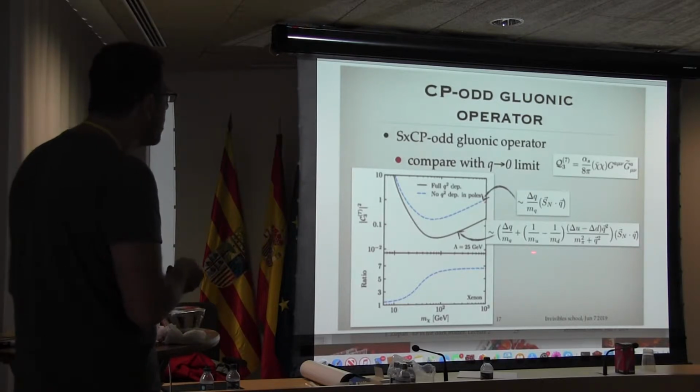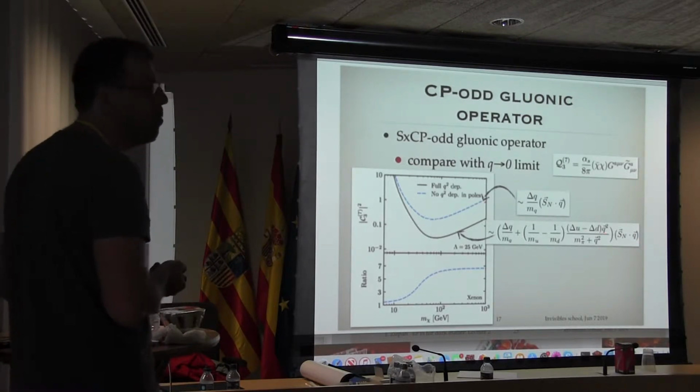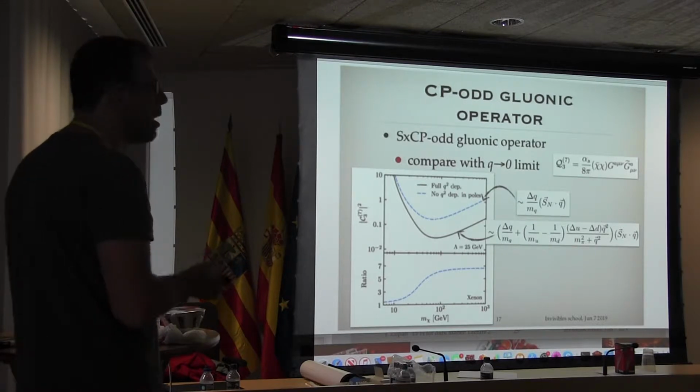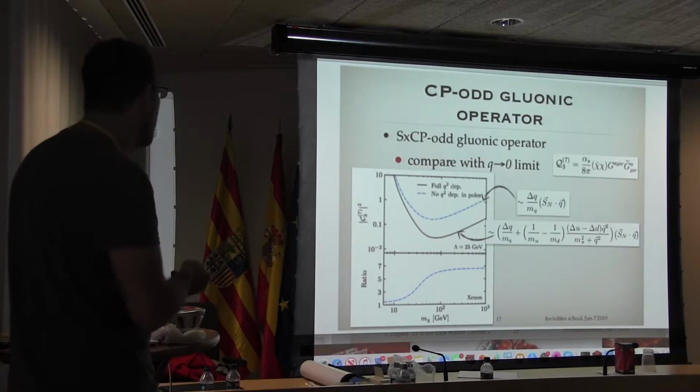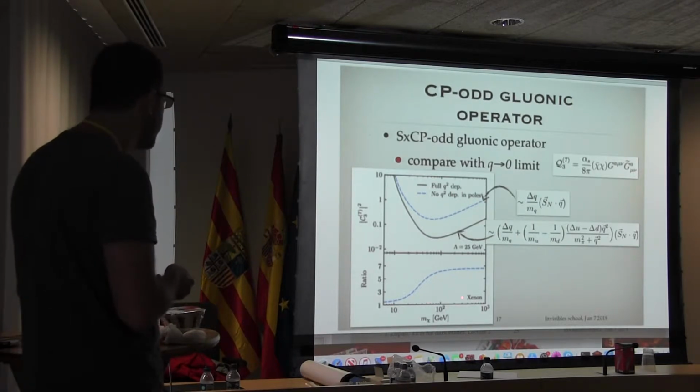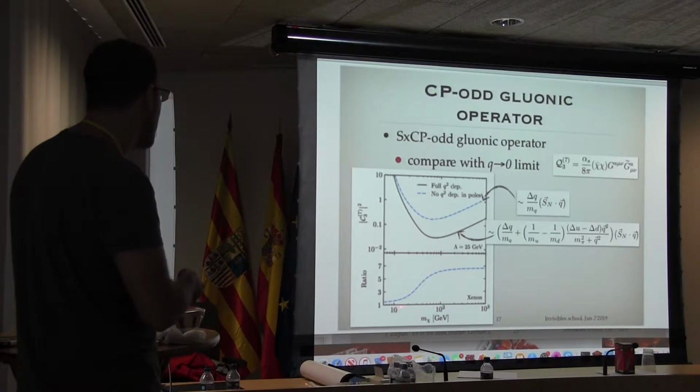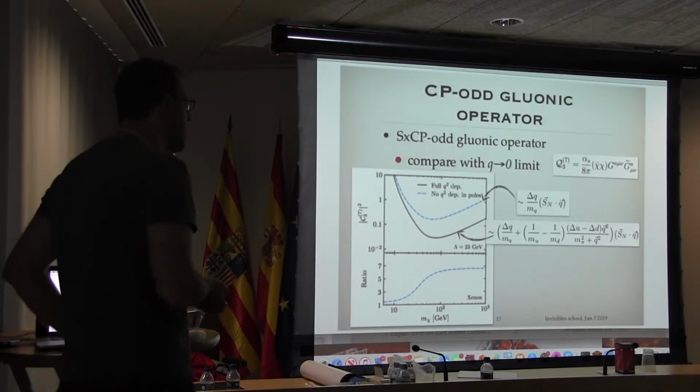Or I keep also this contribution that comes from the pion exchange, which we said should be of the same order. And it changes by really a factor of 7 depending on the dark matter mass. So if the dark matter mass is light, then it's a small effect. If it's big, then it's a big effect.